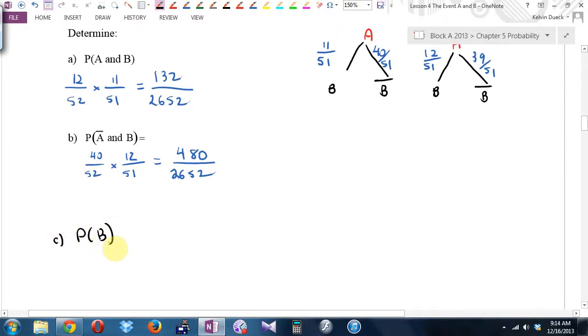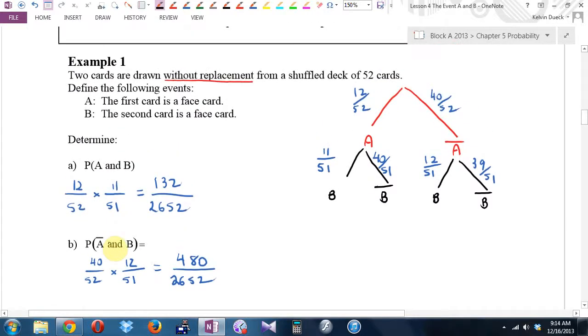What's the probability of B? In English, what does that mean? What's the probability that what? Rosanna, you're right, loud. Okay. I think that means this branch or this branch.